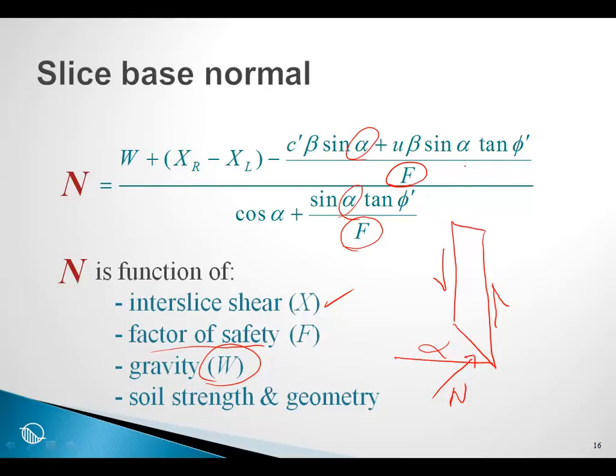Interestingly, the computed distribution of the normal stress along the trial slip surfaces may not necessarily be representative of the actual stresses in the field.